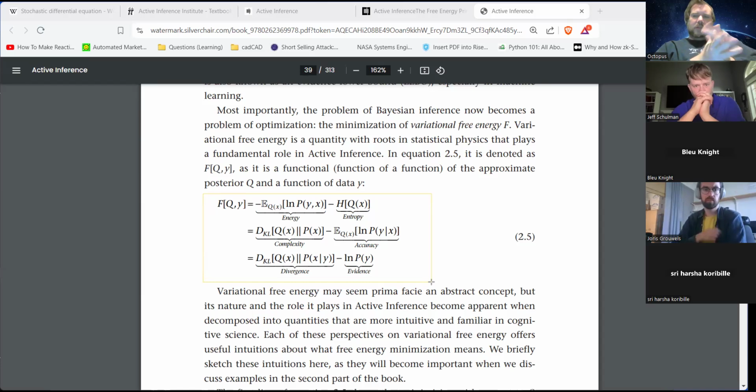If you think you have a 50-50 coin, but you actually have a biased coin, what do these things look like? What does Kullback-Leibler divergence look like? That was the one we were actually looking at.